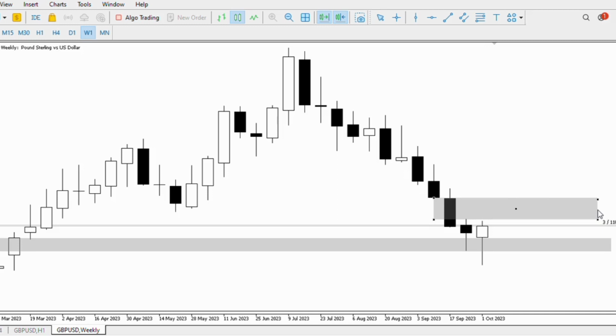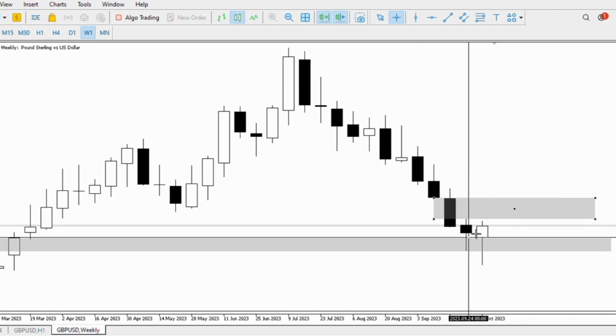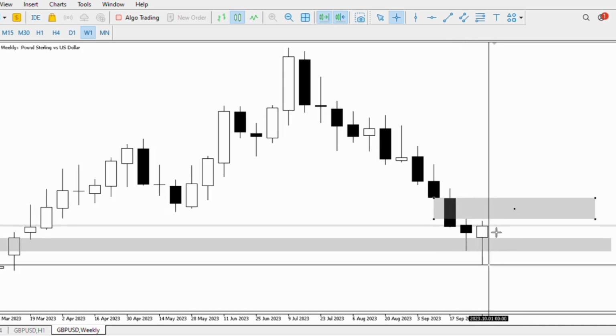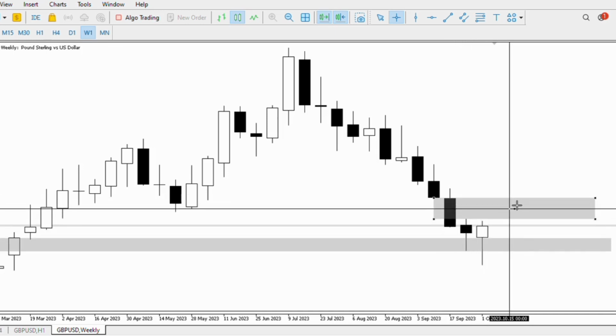So it means on GBPUSD we have a gap right here which pushed price all the way up, and by the look of it, the price is likely to retest this gap that we have right here. Price is likely to go up to get to this fair value gap right here.